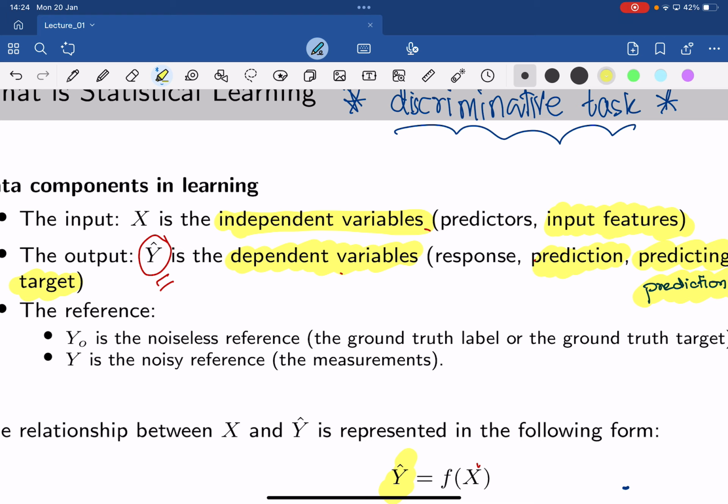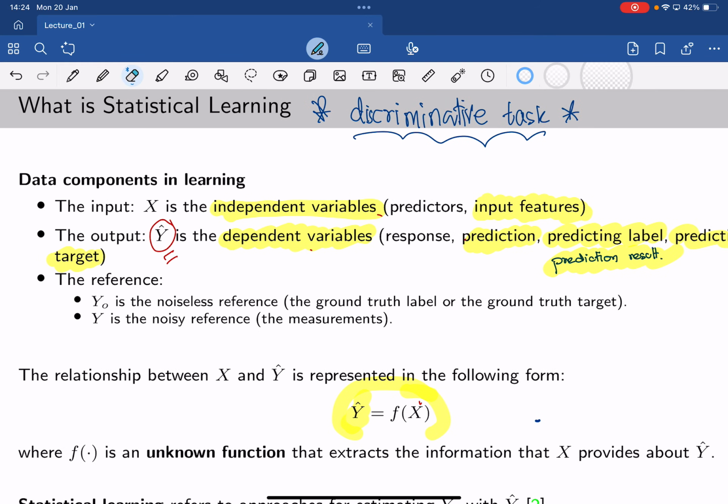When there's the word predicting, usually this means that this is the predicting result of your model. Okay. But yes, in the textbooks that call input X predictor, it calls output Y hat response. So this is like a pair if you find these terms in the textbook. But just letting you know that we probably wouldn't use them in this course because we have too much to care about.